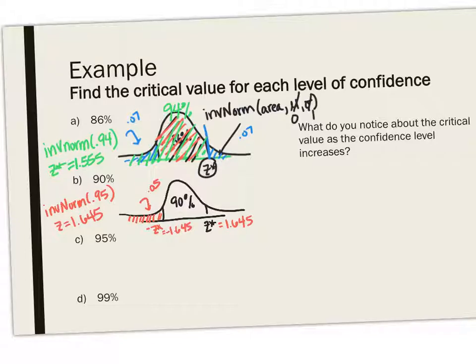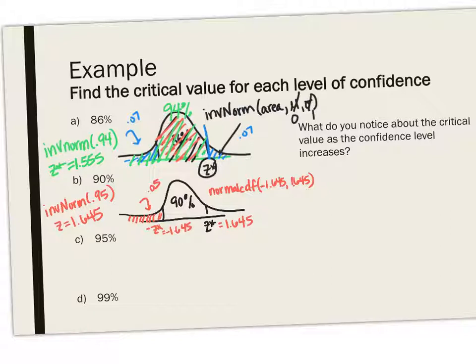If you do in your calculator normal CDF, negative 1.645 to positive 1.645, you're going to get 90%. That's because 90% of the data lies between those two values. So what you're really trying to find is between what two values that particular confidence level lies.